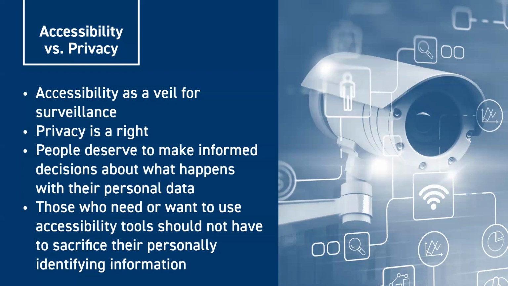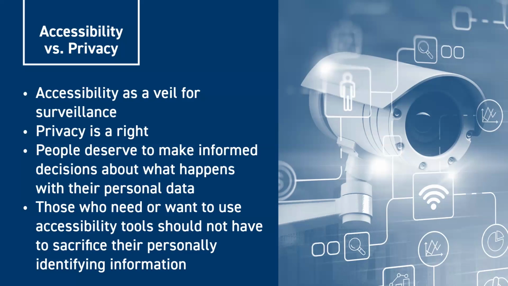But privacy is a right that everyone has. And people should be able to make informed decisions about what happens with their personal data. And those who need or want to use accessibility tools should not have to sacrifice their personally identifying information to these companies in order to access the information that we are providing them. That's part of what makes it so good when a human is doing the work and we're just using those analytical tools to tell us, like, oh, hey, the code on this website is not keyboard navigable.